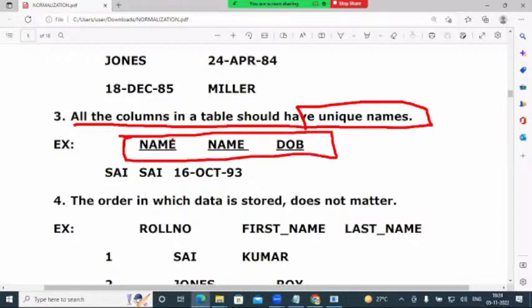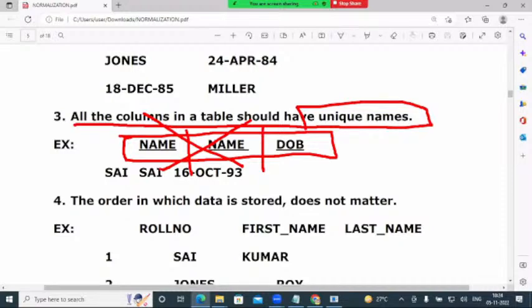In my table I have 3 columns, but 2 columns have the same name. So this is not correct. Your table columns should not have any duplicates. Every column name should be different. If you have it like this, your table is not allowed.